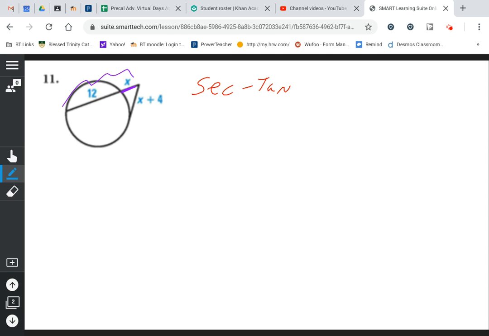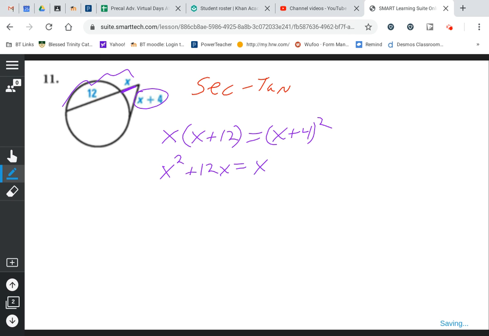So if we start with the secant, it's the external part x times the whole thing, which is x plus 12. And then that is equal to my tangent squared. So x plus 4 squared. All right. So multiplying these out, I get x squared plus 12x equals, and if I FOIL that one out, I get x squared plus 8x plus 16.